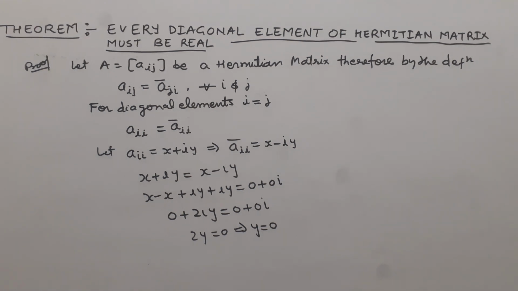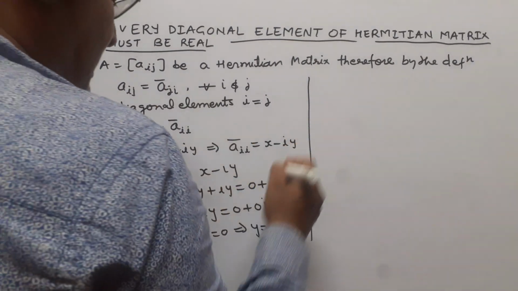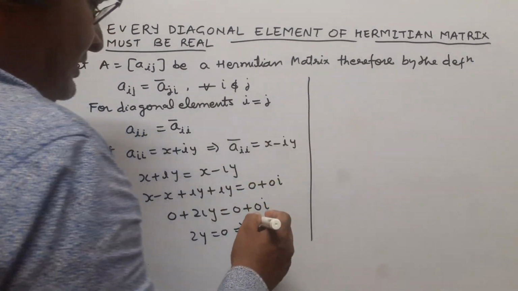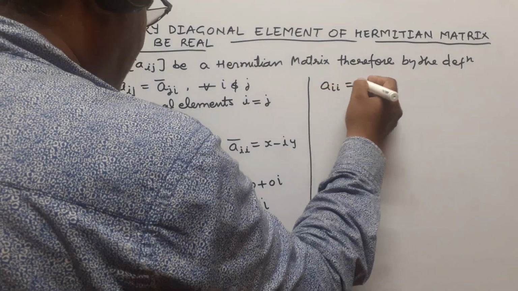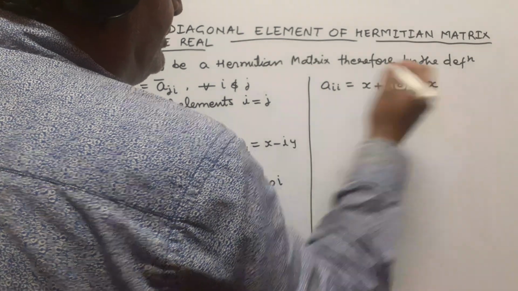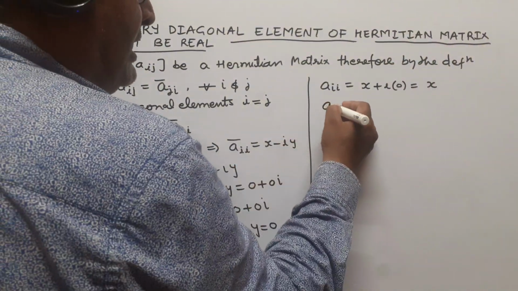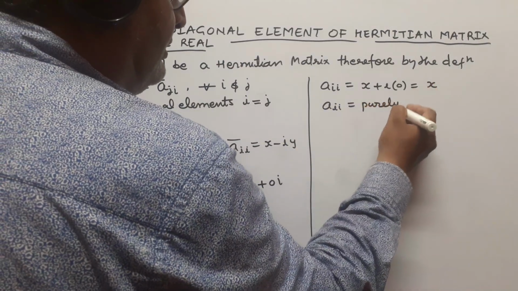Here we can see that y is the imaginary part of Aii. So Aii is equal to x plus i into 0. So this is x. So Aii is purely real.